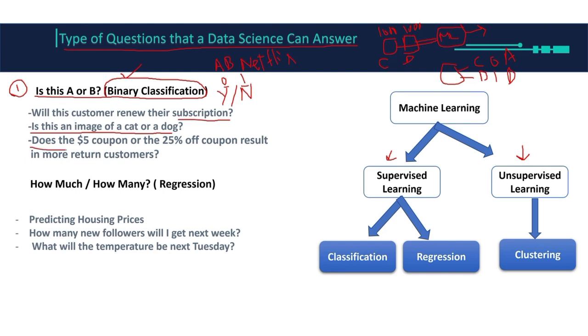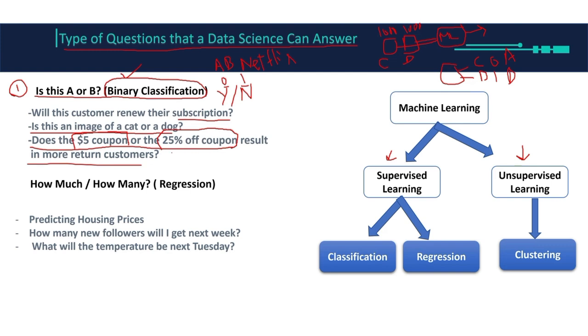Same thing here. If I have a store like Amazon or eBay, which one will bring me more customers? If I give them a coupon that deducts $5, or should I give them a coupon that deducts 25% of the total of their checkout?